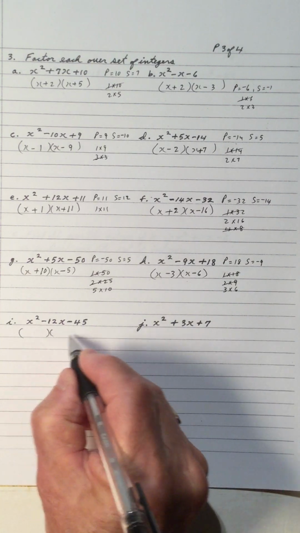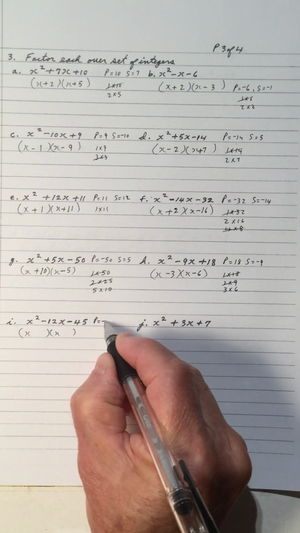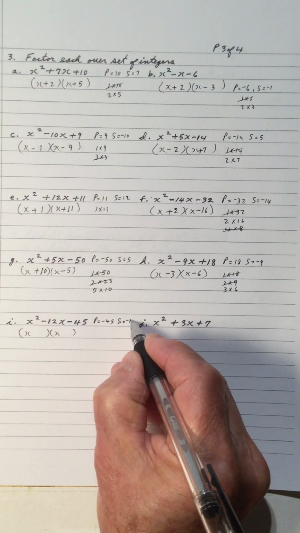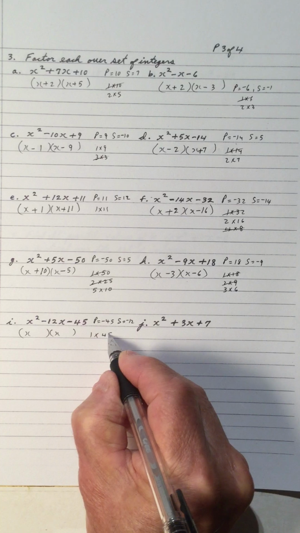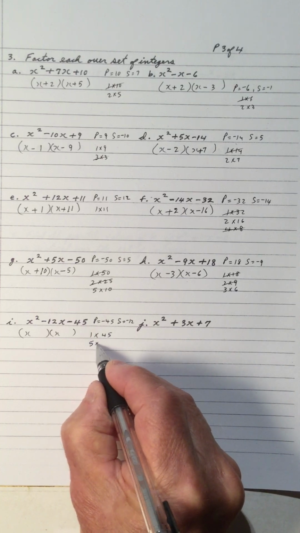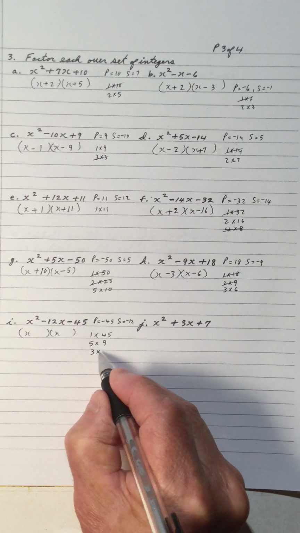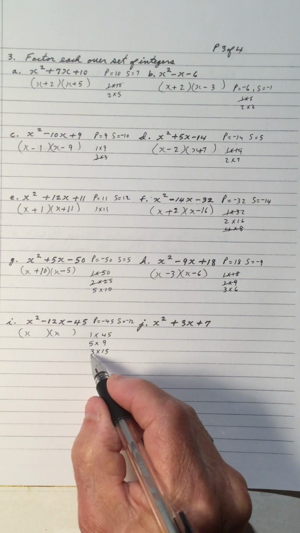And again, double brackets, x and x. Product is 45. Sum is negative 12. 45, we got 1 times 45. I see a 5, 5 times 9. And 9 got a 3, so this got to be a 3, and the 45 is 15. 15 got factors of 3 and 5.